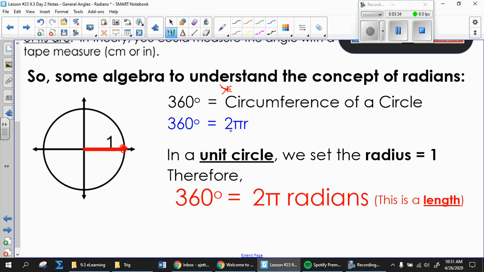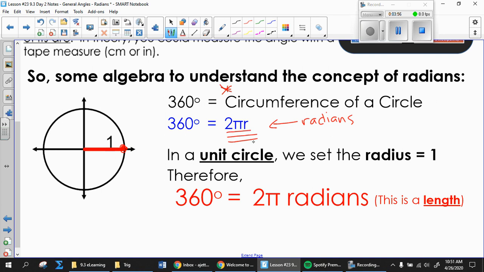We know the circumference of a circle is 2 times pi times radius. So 2 times pi times radius gives me this distance around the outside of the circle, which is radians. If I'm talking about the entire circle, it's whatever 2 times pi times r is.